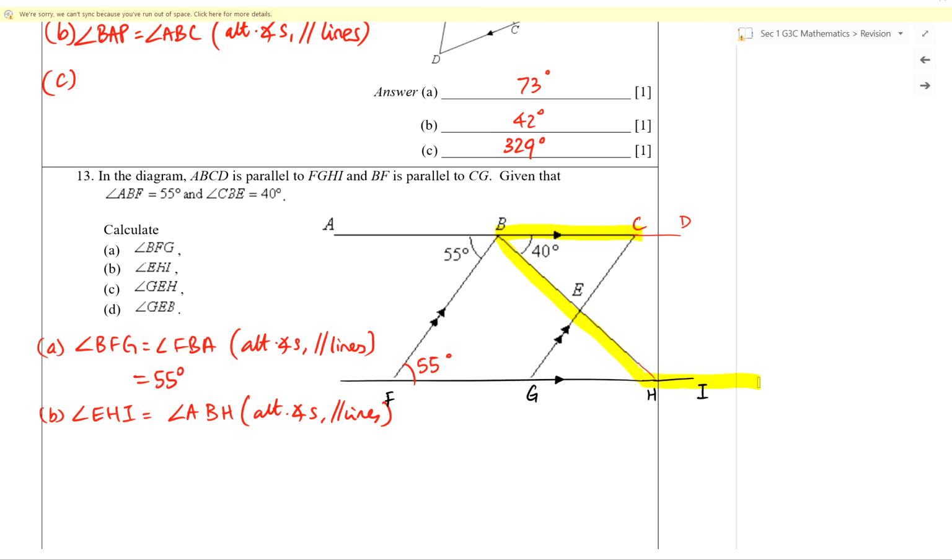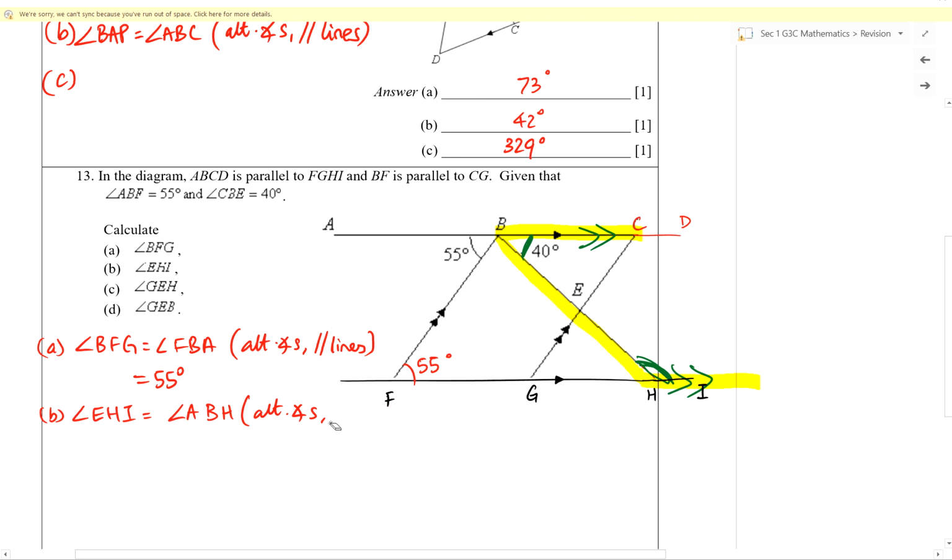Actually, we can just say interior angles, parallel lines, right? Remember the letter C? See, these two are parallel. So this 40 and this one over here, which is what they want, EHI, they are interior angles. Interior angles add up to 180 degrees.